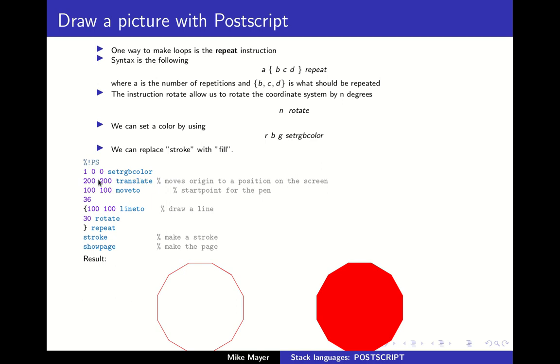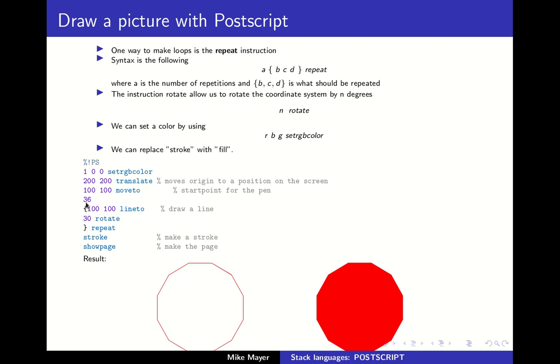This is setrgbcolor, so the arguments are red, green and blue. Red is 1, green is 0 and blue is also 0. Then we translate again the coordinate system. We move to a certain position, and then we have a loop, and the body of the loop, similar to C, is set into curly brackets. So basically this is some kind of sub stack of items that should be executed every time the loop is executed.